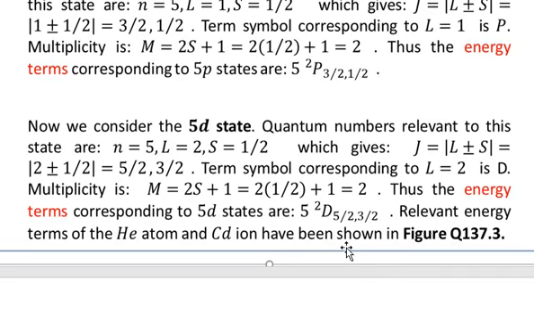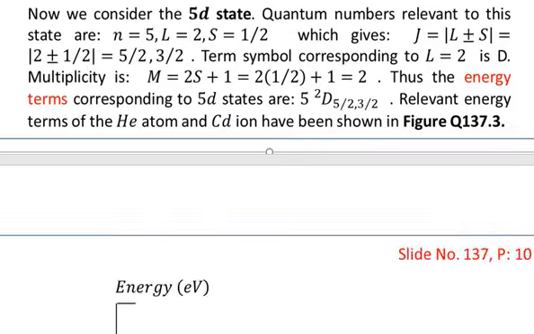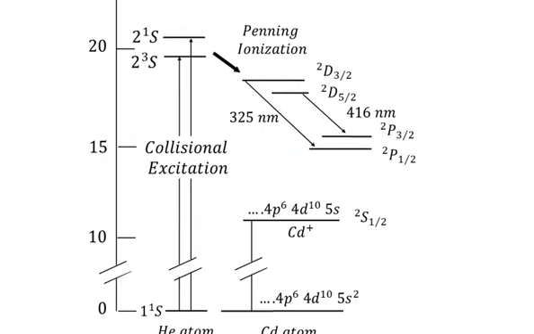Now you see that these D terms correspond to the 5D states. It is very clear that these two terms of D correspond to the 5D states, and the 4P terms correspond to the two P terms. These P terms correspond to when the electron is raised to 4P states, and these D terms correspond to when the electron is raised to 5D state.